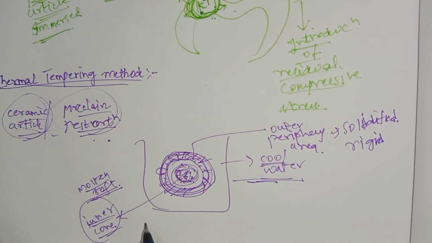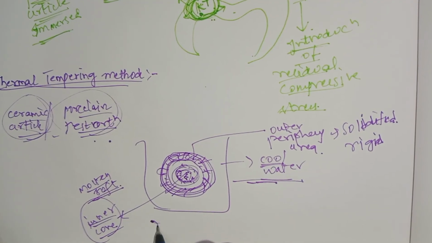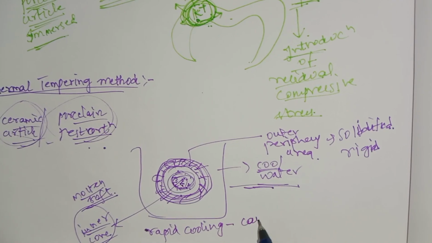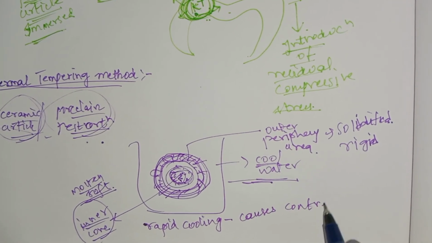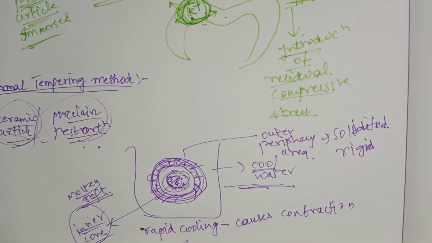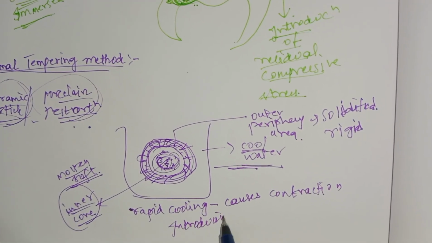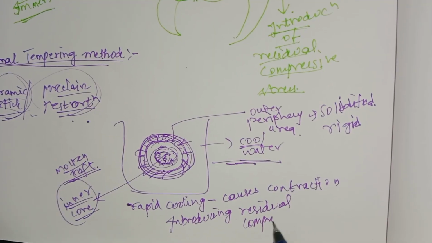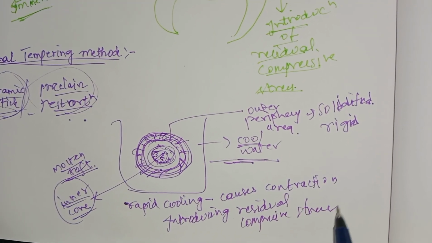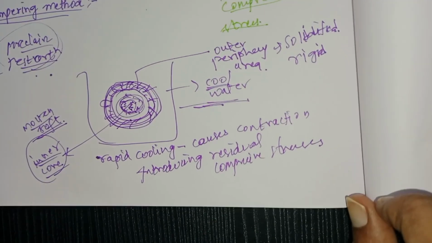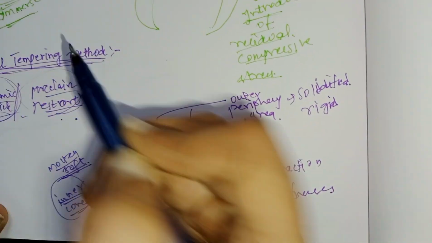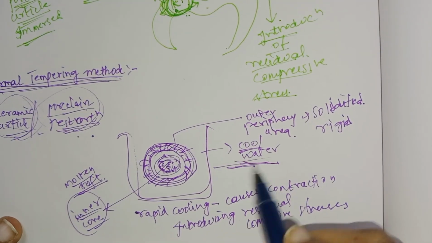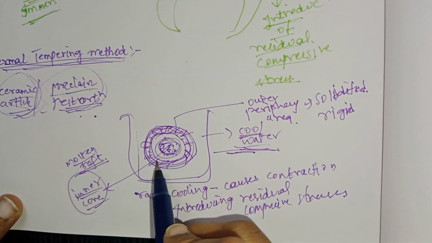This rapid cooling causes contraction, introducing residual compressive stresses. Let us study this thermal tempering method once again. When the ceramic article or porcelain restoration is placed in cool water, it cools rapidly.